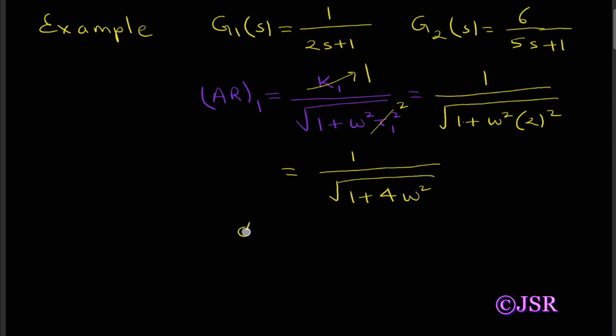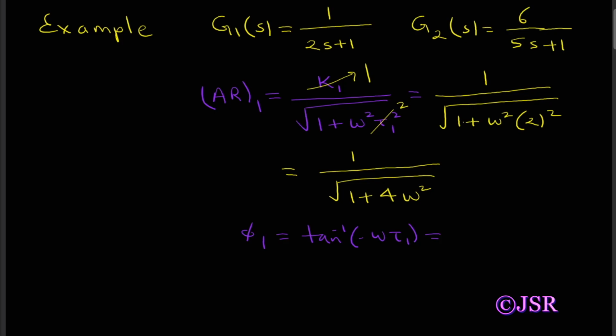Similarly, we can also calculate the phase shift for the first system, and that will be equal to tan inverse minus omega tau 1.